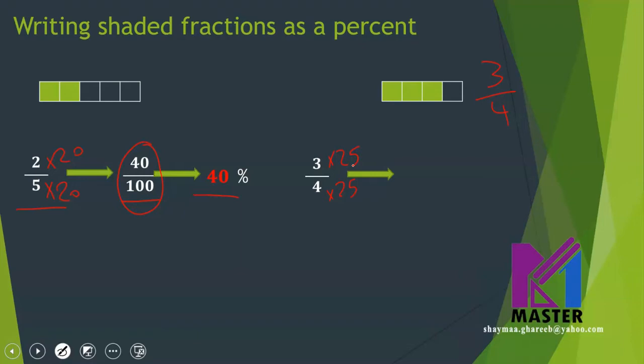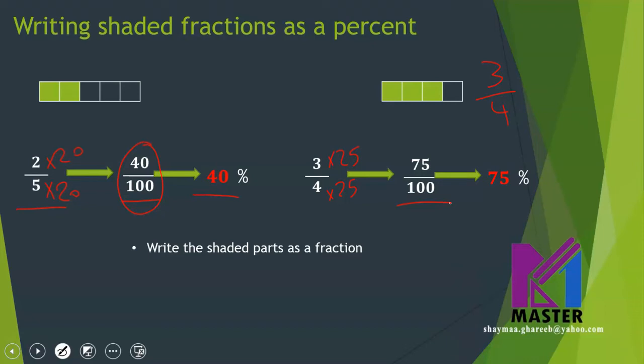So when we multiply by 25, it will give me 75 over 100, which is 75%. Okay, is this clear? So first step, we have to write the shaded parts as a fraction.